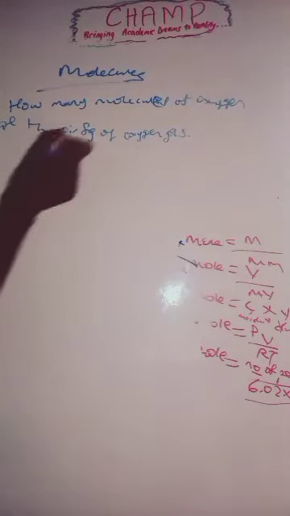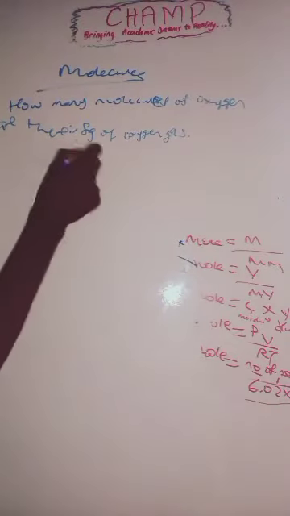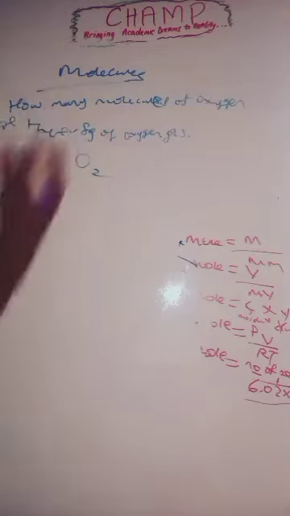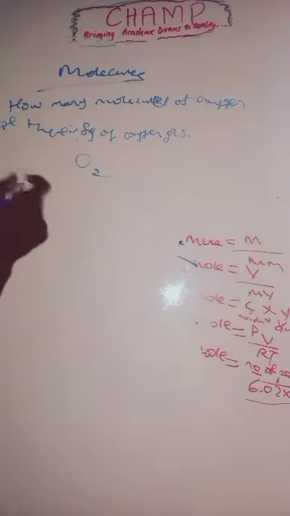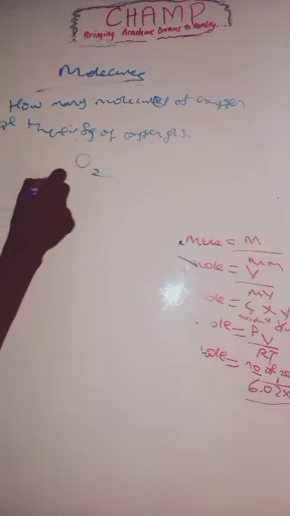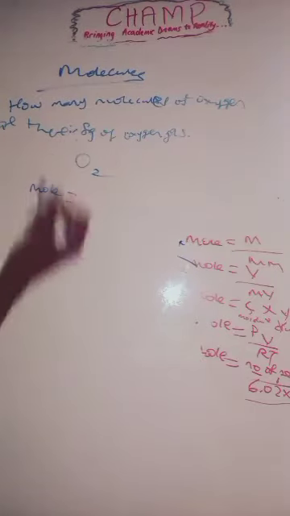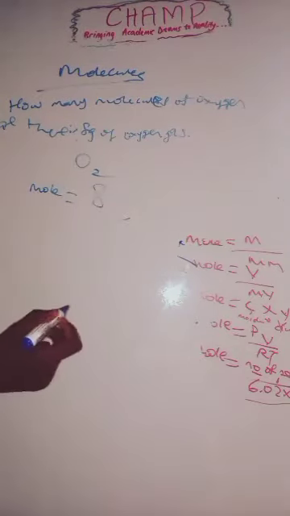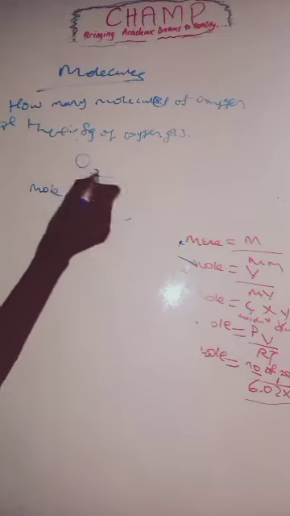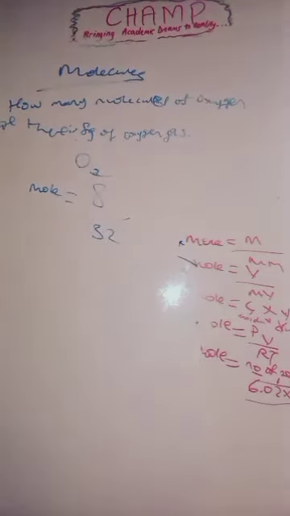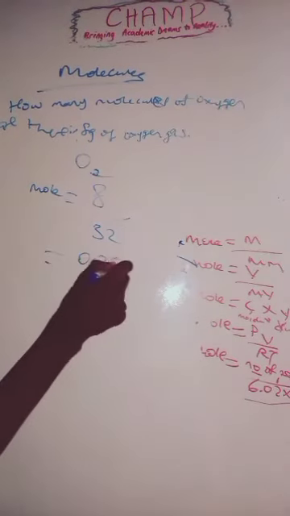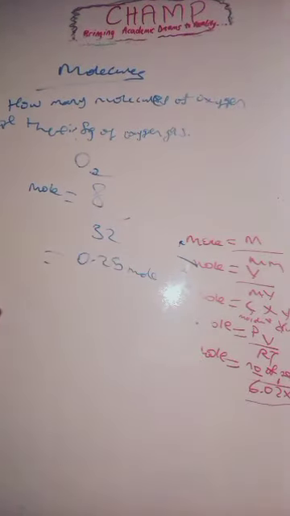You've been given your mass, so you just get your mole. This oxygen gas, you are finding the number of molecules. So mole is equal to mass over molar mass. What's your mass? 8. What's your molar mass? Oxygen gas is 16 times 2, that's 32. So you have 8 over 32, that's 0.25 mole. Are you following?